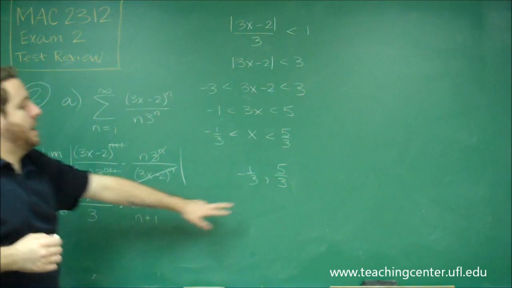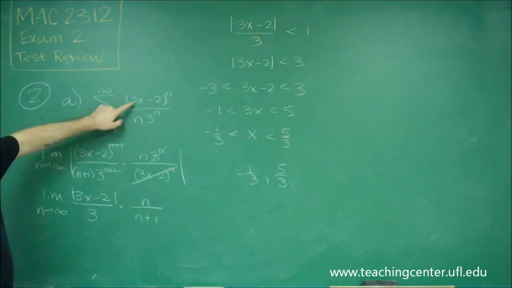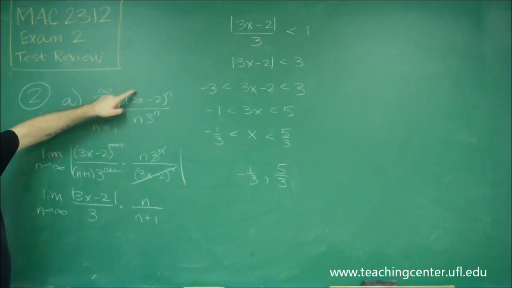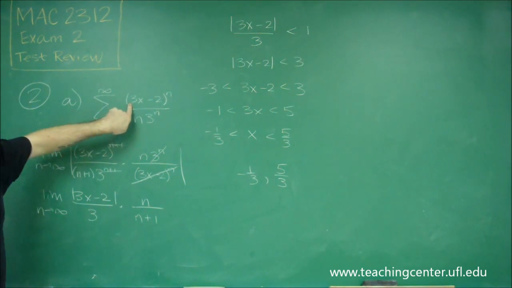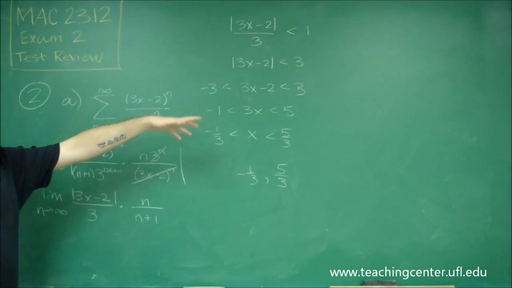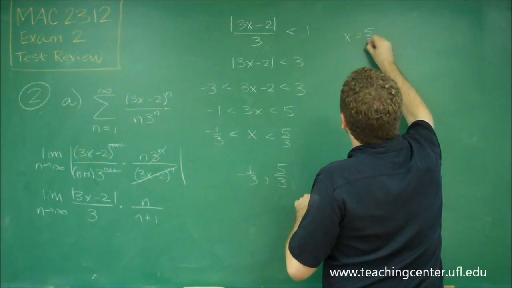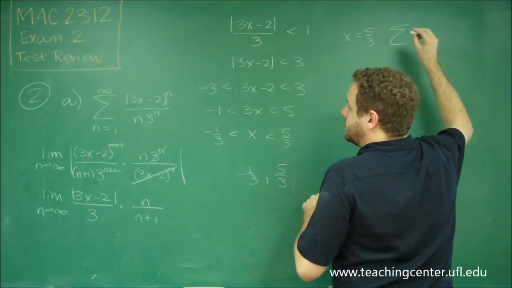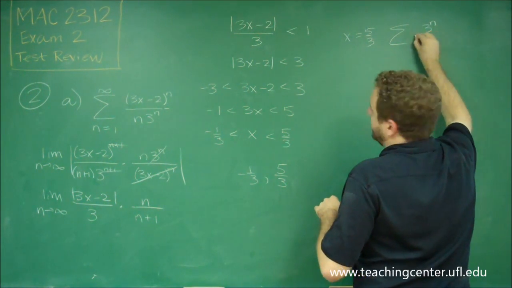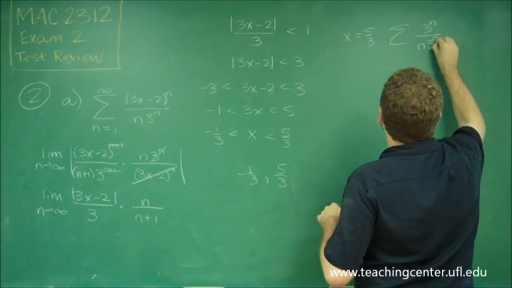Okay, so let's start with the positive one, 5/3. If we plugged in 5/3 for x, we would get 5/3 times 3, which is 5. 5 minus 2 gives you 3. For x equals 5/3, our series would become 3 to the n over n times 3 to the n.